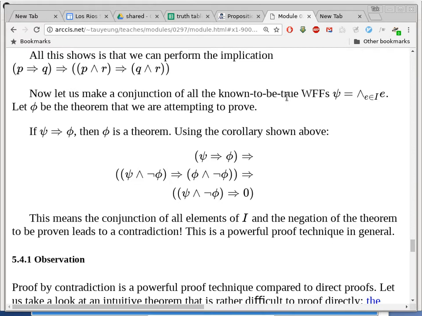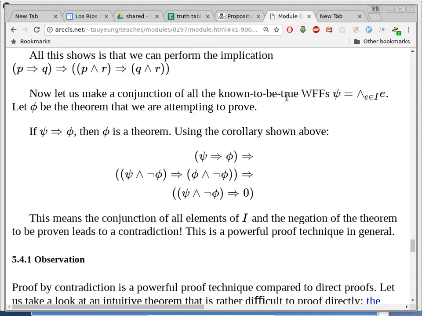If phi is in fact true, then when you combine psi with the negation of phi, that should lead to a false, something that is not possible, like x is greater than x itself, or x is less than y and x is greater than y at the same time. Something that has to be false. Proof by contradiction itself has nothing to do with CNF or resolution.